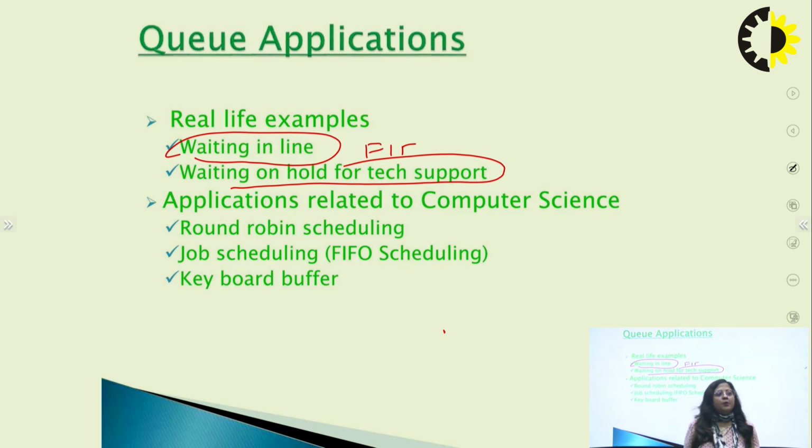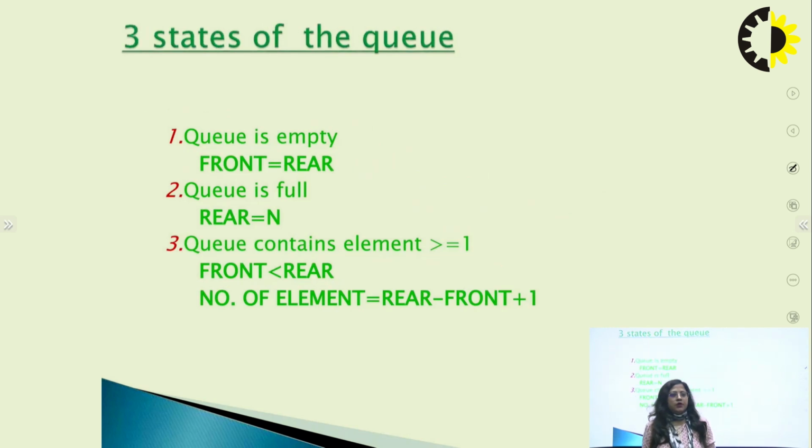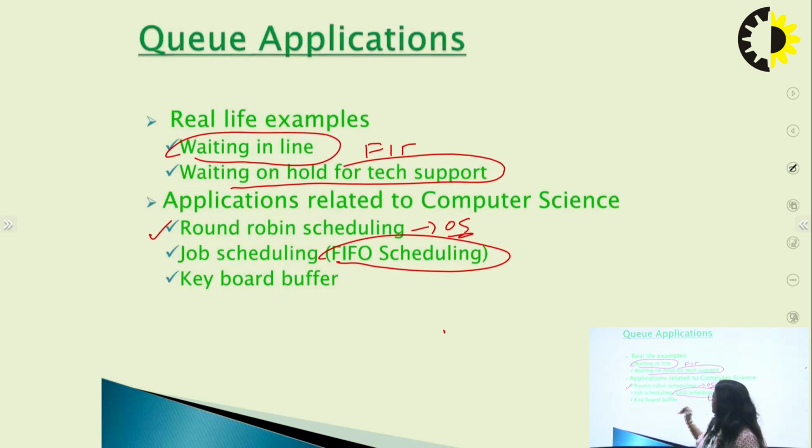Applications related to computer science: first one is round robin scheduling, which is used in operating systems. Next is job scheduling, which also works as FIFO scheduling. And keyboard buffer: if you type any number first, it shows on the monitor first. So it also works as a FIFO.